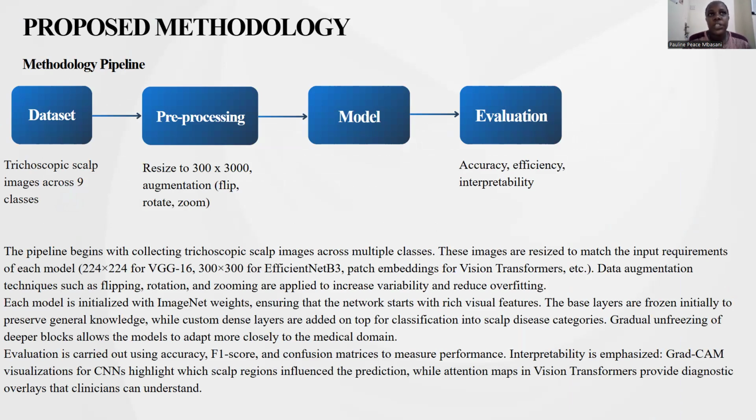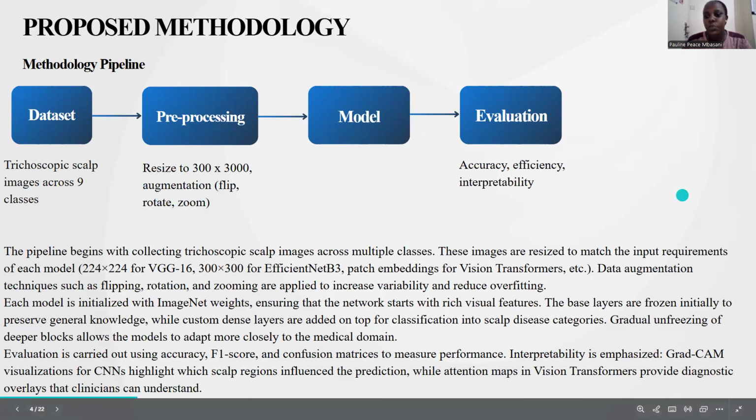For example, EfficientNetB3 takes in image input of 300 by 300 pixels, while VGG-16 takes in input of 224 by 224 pixels. So we have to resize these images based on the model that we are going to use. Then we are going to train the different models, and finally we shall evaluate these models based on factors like accuracy, efficiency, and interpretability.